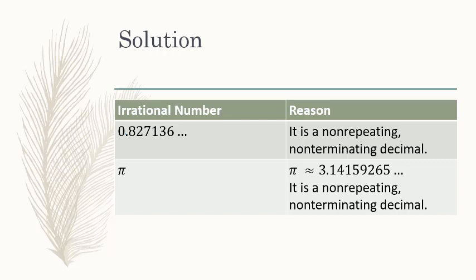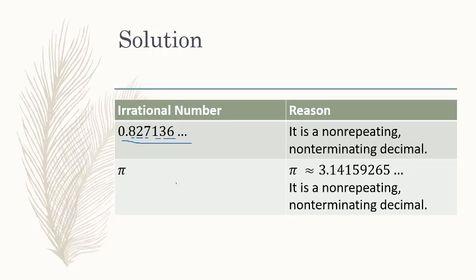We have 0.827136. It isn't a repeating decimal because nothing is being repeated. It isn't a terminating decimal either. Why? Because we have the dots, which means that it never stops. It continues all the way. Then since this number is a non-repeating and non-terminating decimal, we say that this is an irrational number.